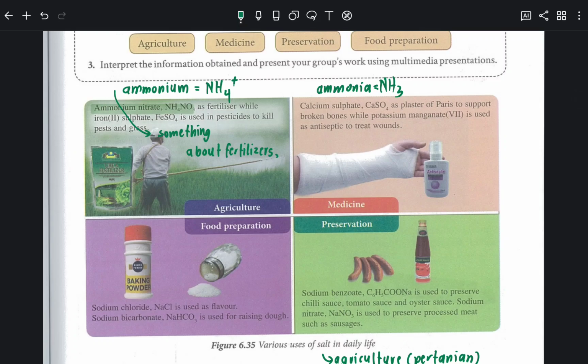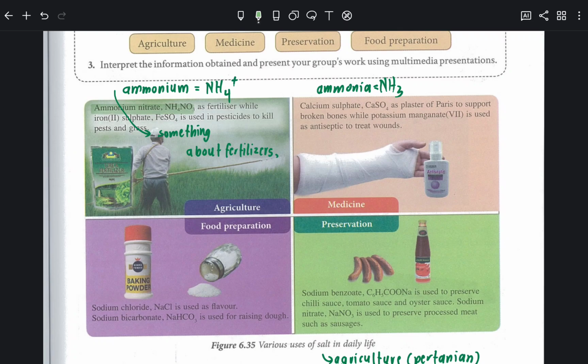Ferrum 2 sulfate in bahasa Melayu is iron 2 sulfate in English. I usually get confused with ferrum and plumbum, because in bahasa Melayu it is ferrum and plumbum, and in English it is iron and lead. So I'm very sorry for that. Iron 2 sulfate we use as a pesticide to kill pests, or grass, or the animals and insects that stop the thing you harvest from growing.